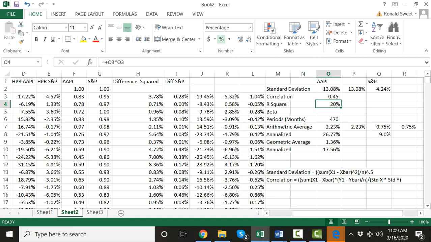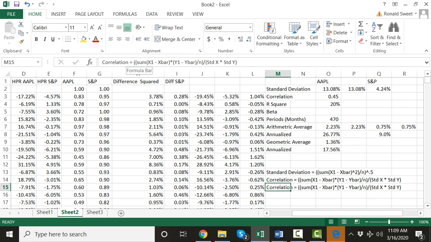So when we do beta, the formula for beta is very simple. I can actually copy the correlation function down, and all I got to change to make it beta is, instead of dividing by the standard deviation of Apple times the standard deviation of the market, beta only considers market risk, so we only want to divide by the standard deviation of the market times the standard deviation of the market.